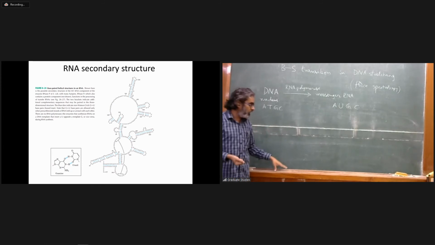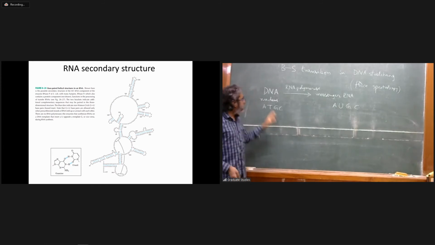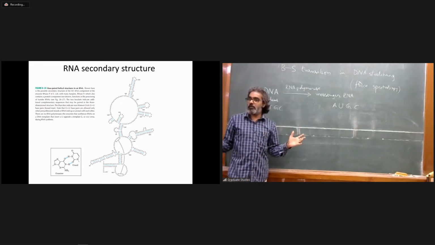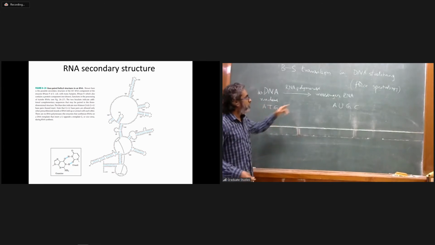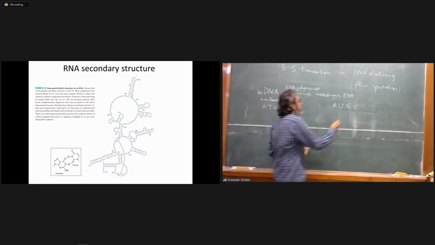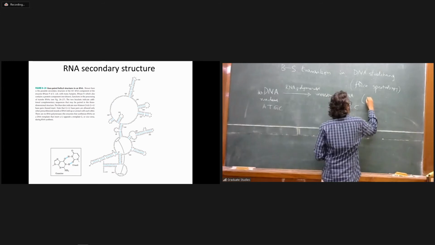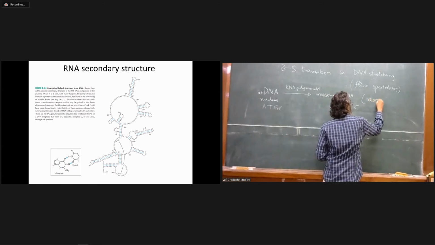That's all. And the second thing is that DNA is double stranded, so most of the time we know the structure. But messenger RNA need not have a complementary strand, and more often it doesn't.